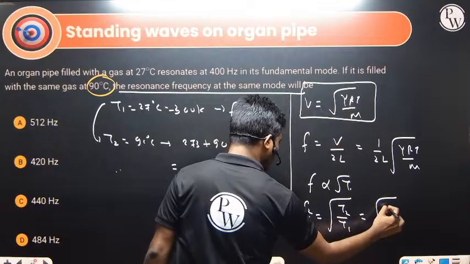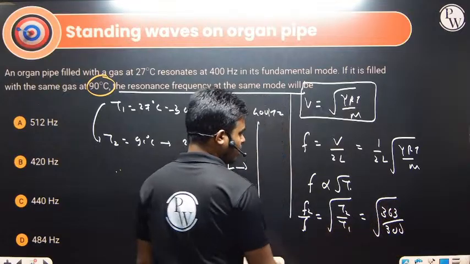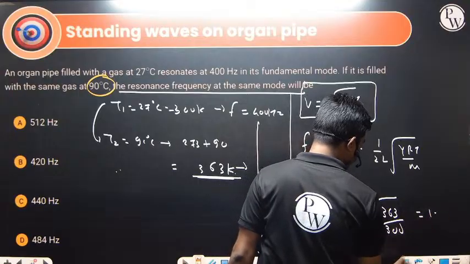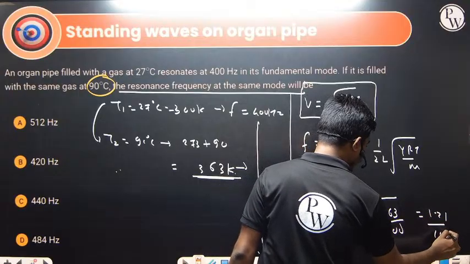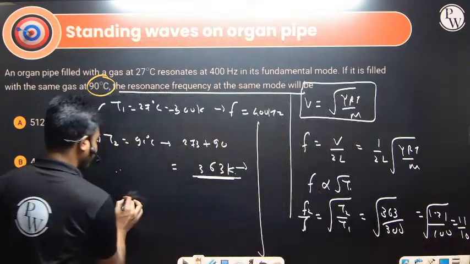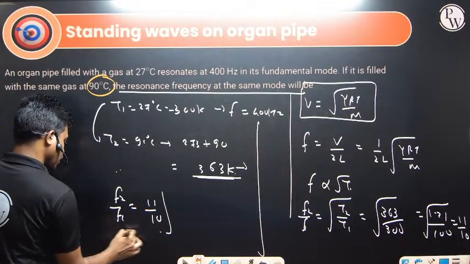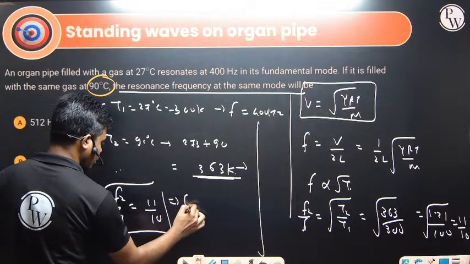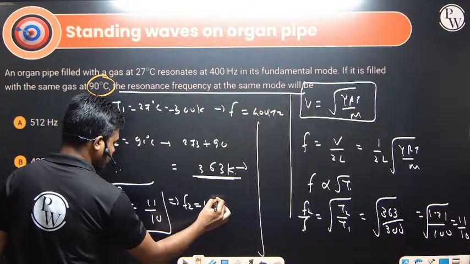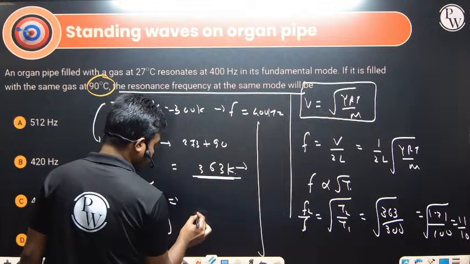So solve this particular case, that is 363 by 300. Approximately how much are we getting? Root of 121 by 100. How much did we get? 11 by 10. So F2 by F1 is equal to 11 by 10. So F2 is 11 by 10 times F1.